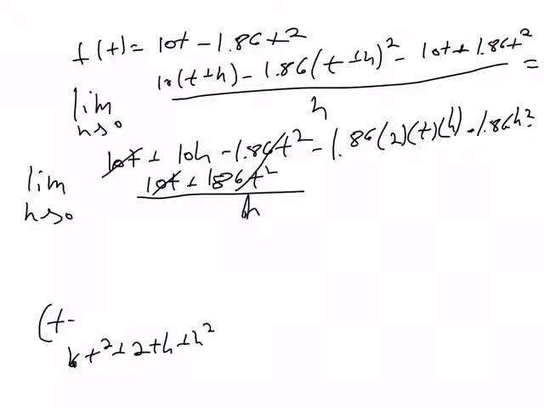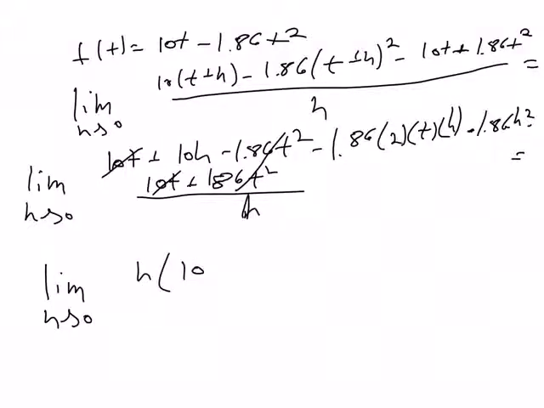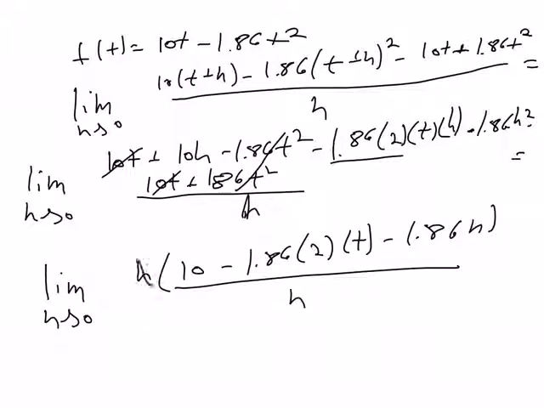So now let's rewrite this and take out an h. So this is equal to the limit as h goes to 0 of h times 10, then over here minus 1.86 times 2 times t minus 1.86h, all over h. These cancel, and as h goes to 0, this is lost. So this is equal to 10 minus 1.86 times 2t.